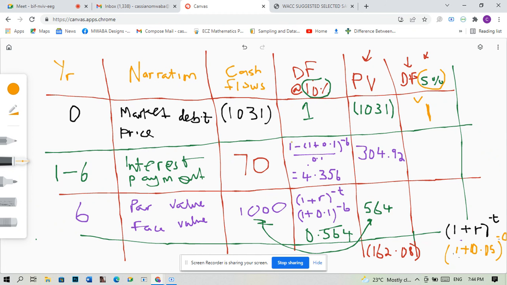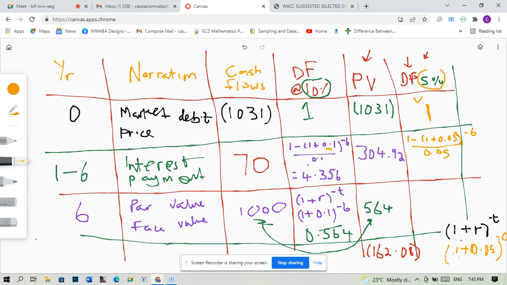Since this is an annuity, we still use the annuity formula, but in this case we use 0.05 instead of 0.1. So we say 1 minus 1 plus 0.05 to the power negative 6, divided by 0.05.